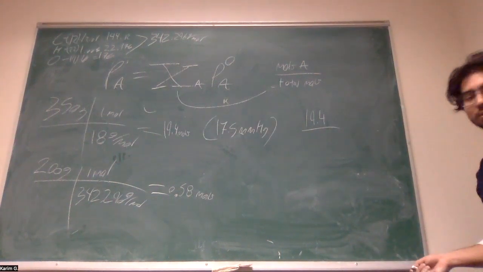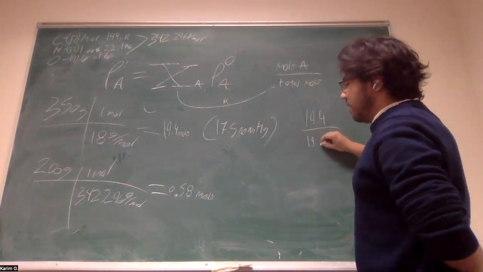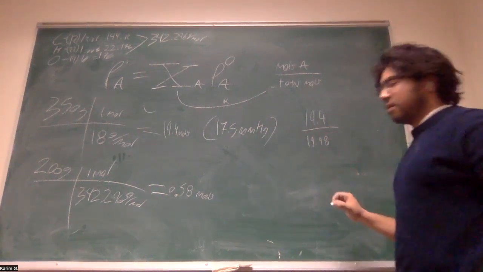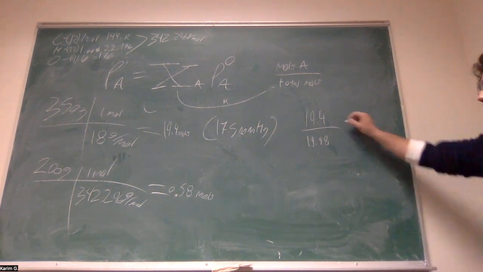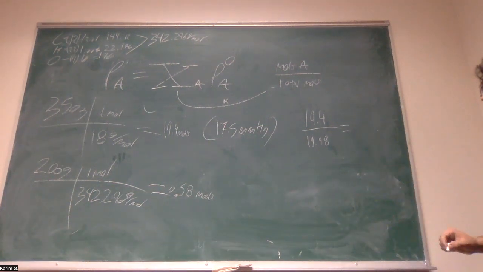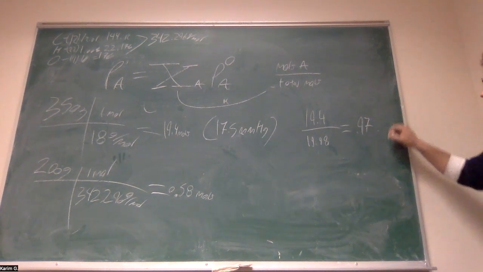How do I get total moles? You just add, right? So it's 19.98. So then what do you get when you do that? 0.97. 0.97? Okay.